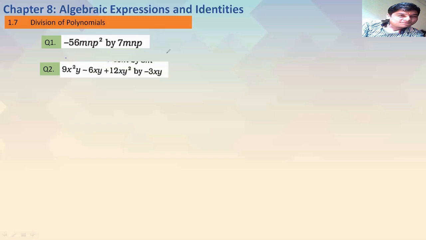Sorry, it's 7 MNP by negative 56 MNP square. You are writing it inversely, I would say. This has to be in the numerator, and this has to be in the denominator. You are dividing.